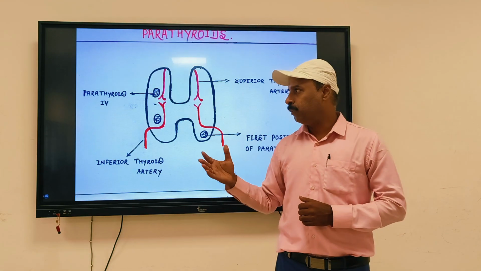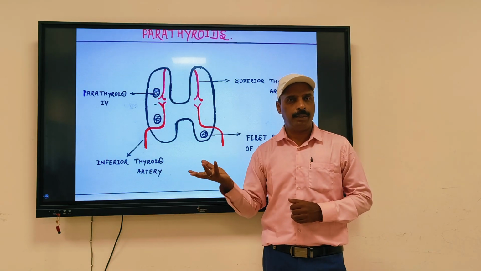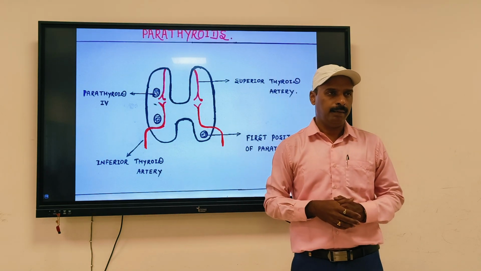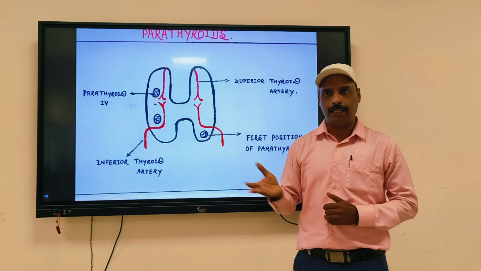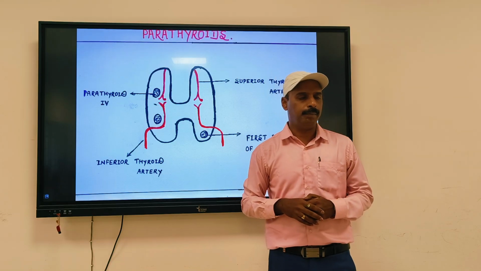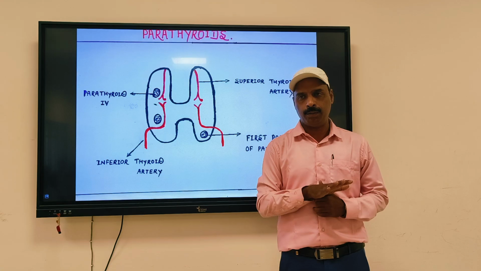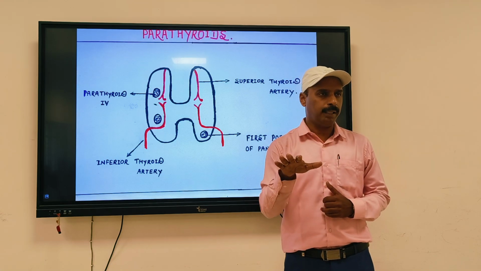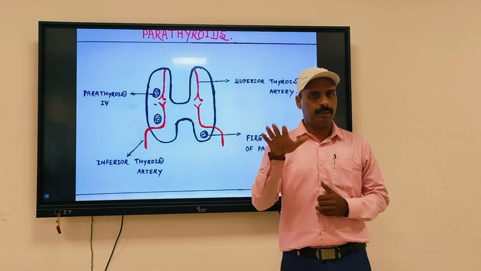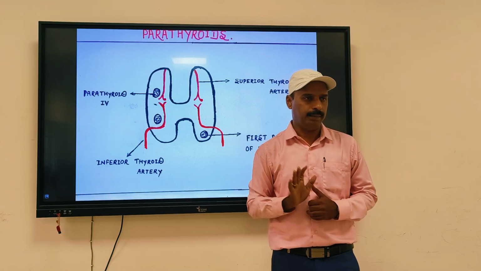If we remove only the thyroid, the calcium metabolism is only half disturbed. If with that we remove the parathyroid, the total calcium metabolism is disturbed, because there is no removal of calcium from the blood to add to the bone, and whenever the body requires it and blood calcium level is low, there is no addition from the bone to the blood.